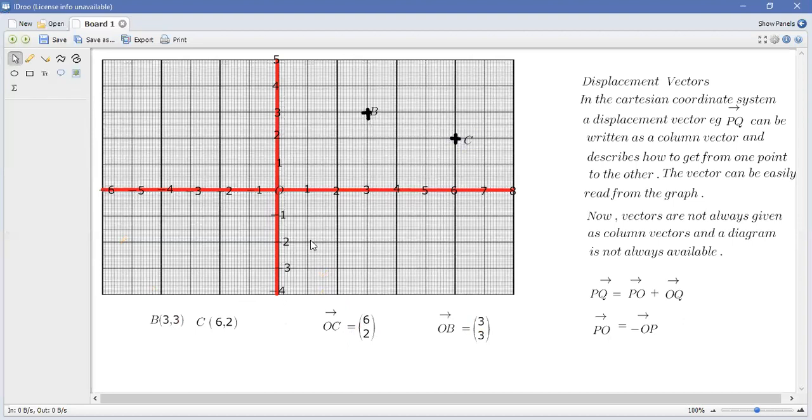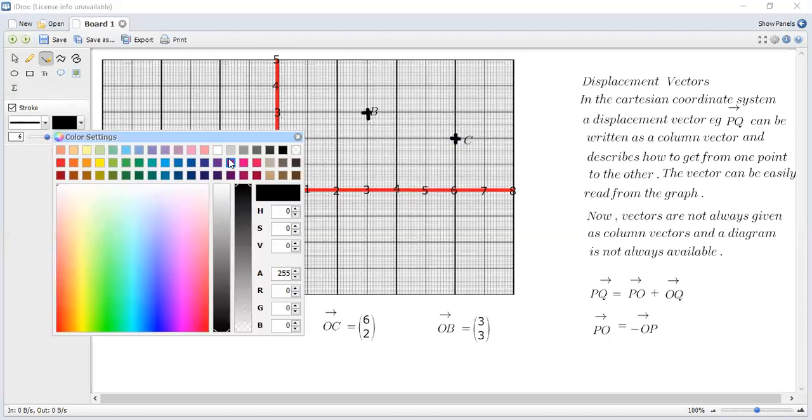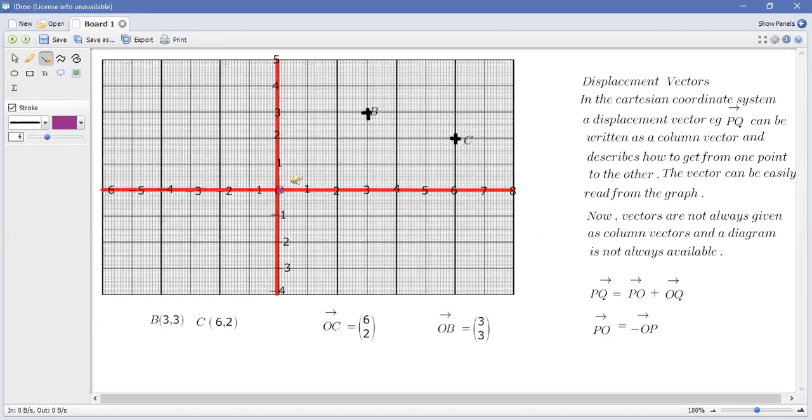Now, when we talk about displacement vector, this is what we talk about. Please pay close attention. You have OB and you have OC.